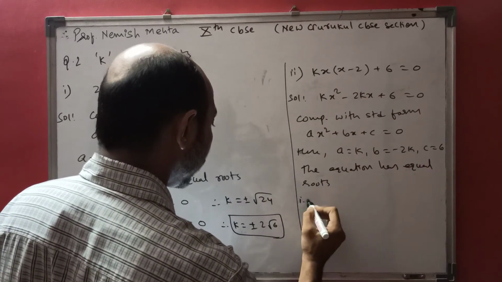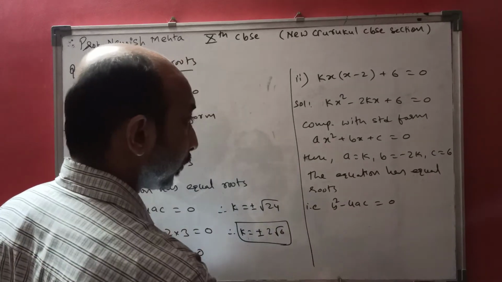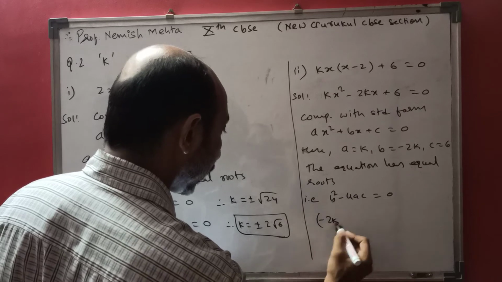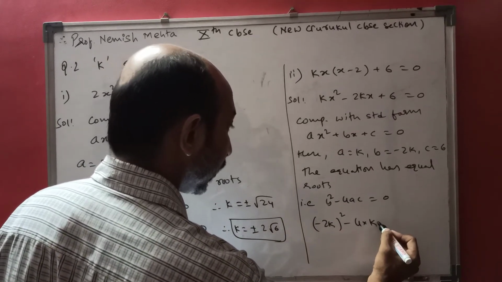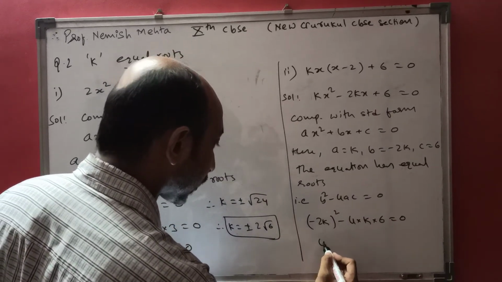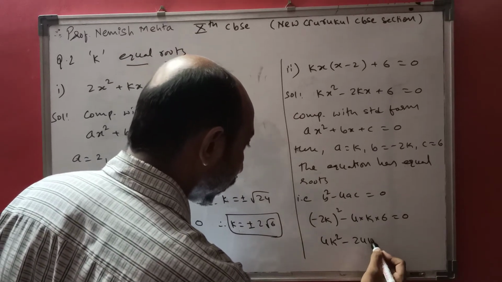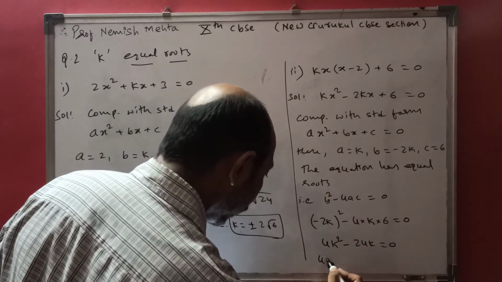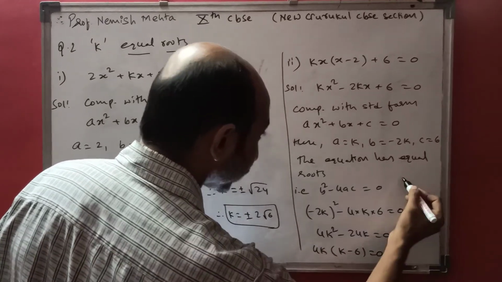That is b square minus 4ac equals to 0. b square, that is minus 2k the whole square, minus 4 into a is k into c is 6 equals to 0. Minus 2k square is 4k square positive. 6 4s are 24k equals to 0. 4k common, k minus 6 equals to 0.